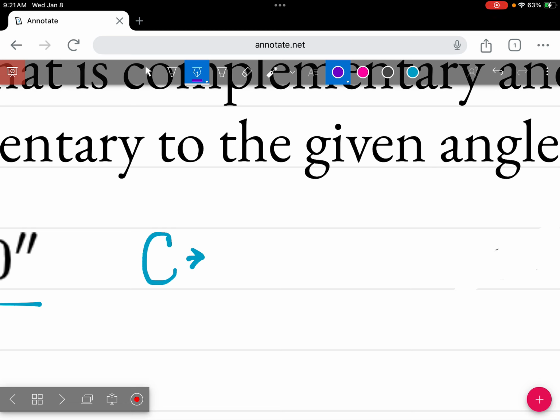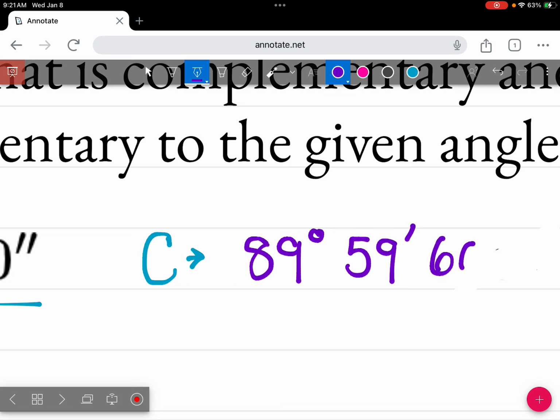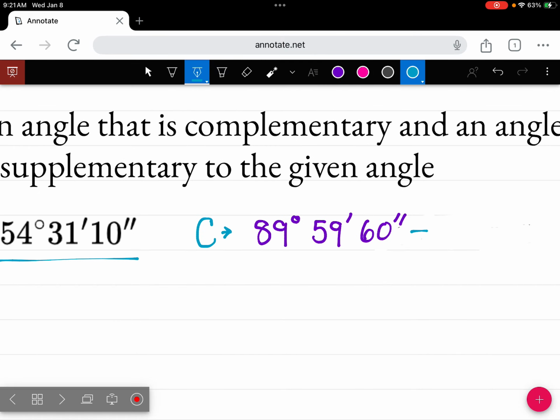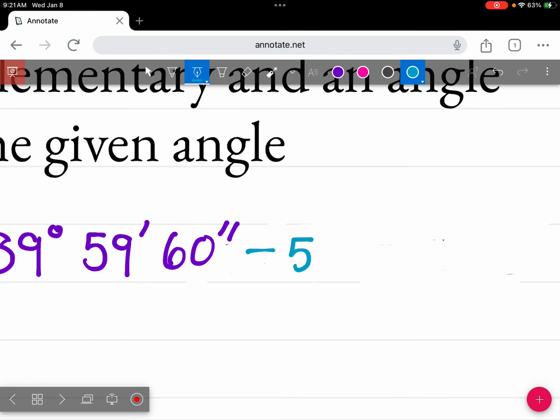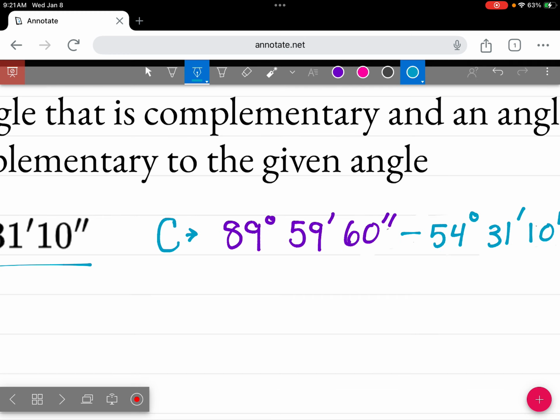We're going to have our 89 degrees, 59 minutes, and 60 seconds. And we're going to subtract our given angle, our 54 degrees, 31 minutes, 10 seconds.